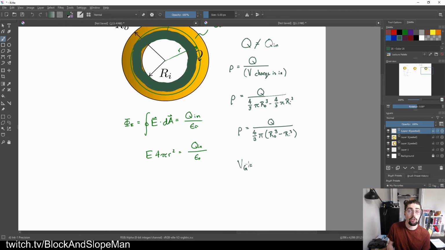I'm going to have a similar looking equation. That's going to be outside sphere, little r cubed, minus the hollow part.